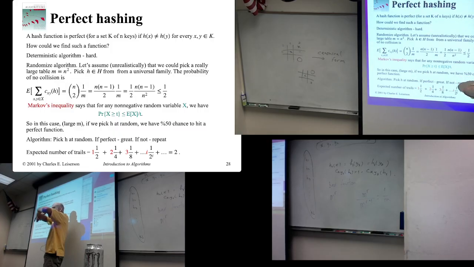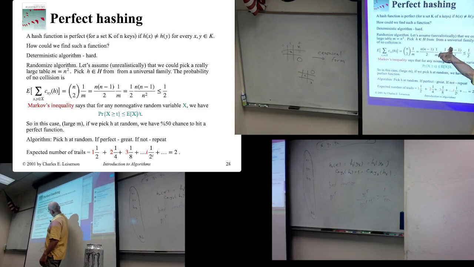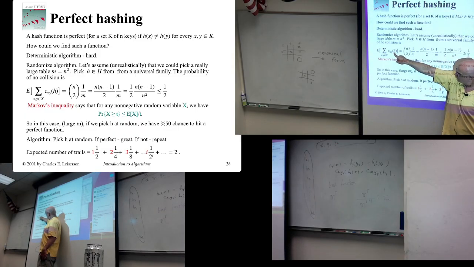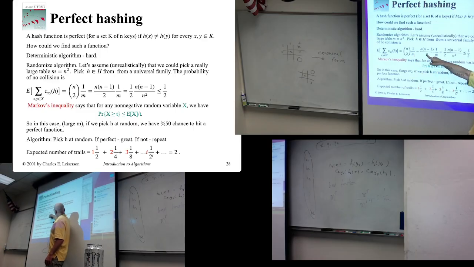I'm building the function for a given set of keys. I'm running over all the keys, x and y, and computing: do they collide or not collide? So it's the number of pairs of keys, n choose 2, and the chance of a collision is 1 over m.